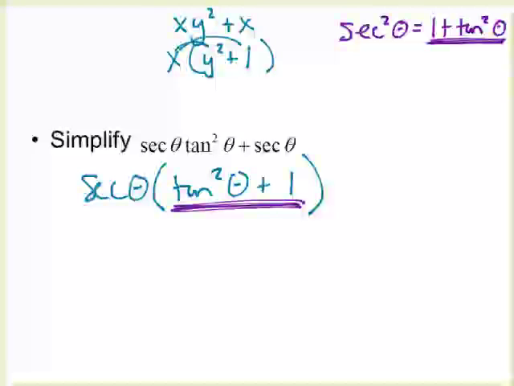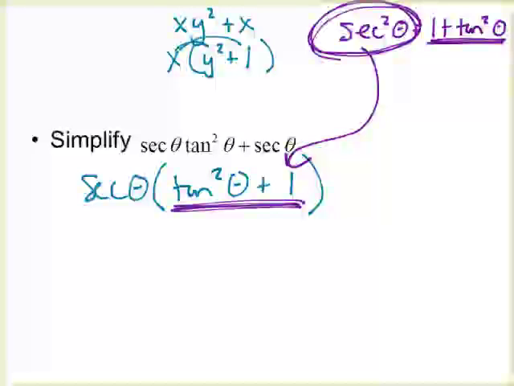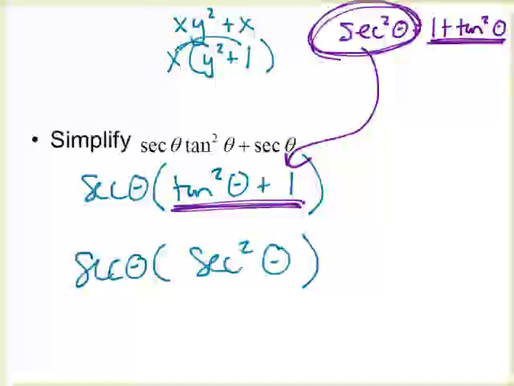So what we're going to do is say that that 1 plus tangent squared of theta is also known as secant squared of theta, and we are going to substitute or replace it in our equation. So that secant that was on the outside is going to stay on the outside, but on the inside, that whole thing is going to be replaced with a secant squared of theta.